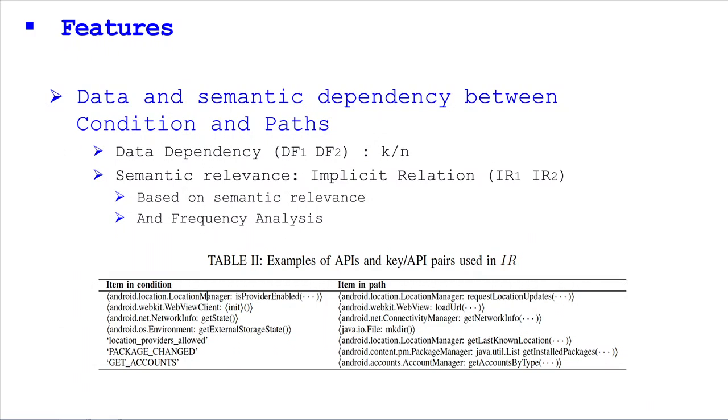We also measure the semantic relevance based on whether there is an implicit relation. And this is a table of examples of key and API pairs that we consider to have implicit relations. This table is generated based on semantic relevance and also frequency analysis.